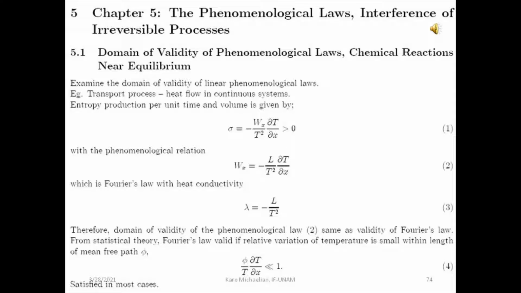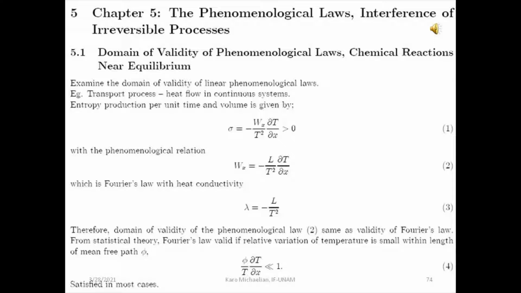If we assume a linear relation between the flow of heat in the x direction and the force, which is the gradient of temperature in the x direction over T squared, then the phenomenological relation for a linear case is Wx equal to minus L, where L is some constant, over T squared, times the gradient of the temperature in the x direction.